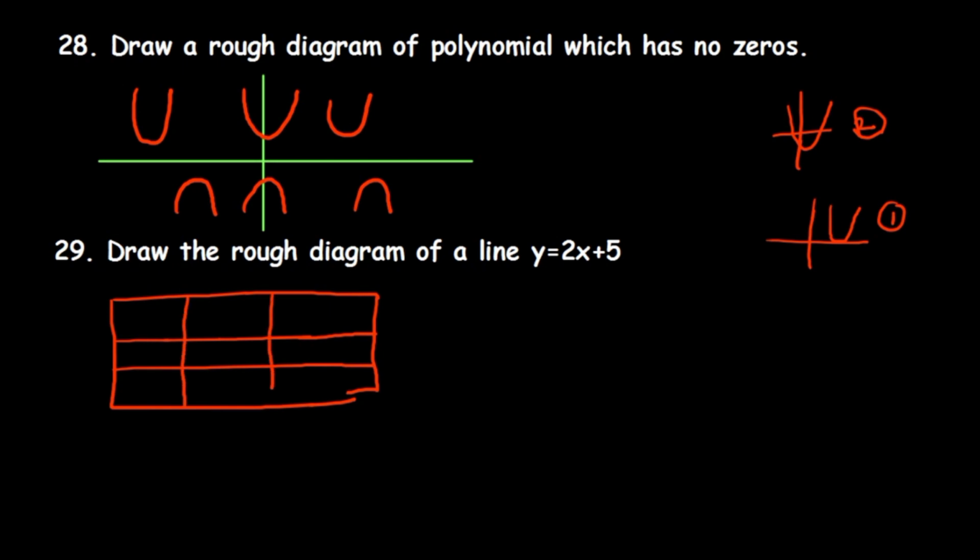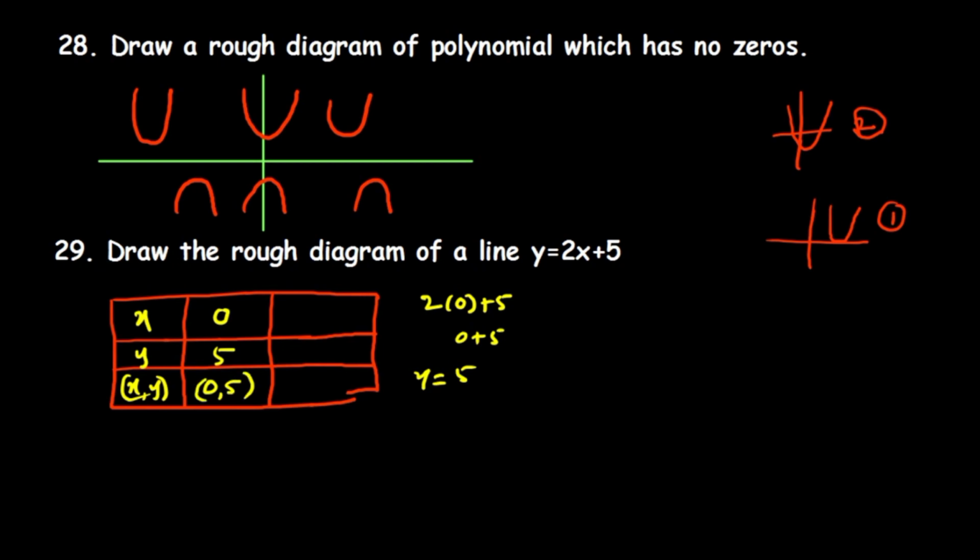Here I am going to take some points, like this is x, y, (x, y). So if I take x value as 0, then what do I get for y? y equal to 2 into 0 plus 5. That means it is 0 plus 5 equal to 5. This is the y value, right? So here I am taking 5 now. So (0, 5) is one of the points.